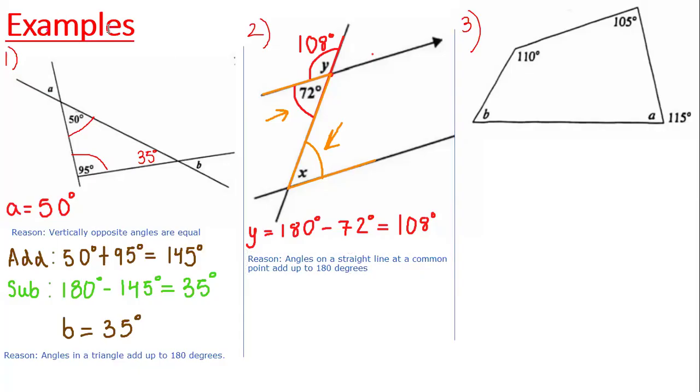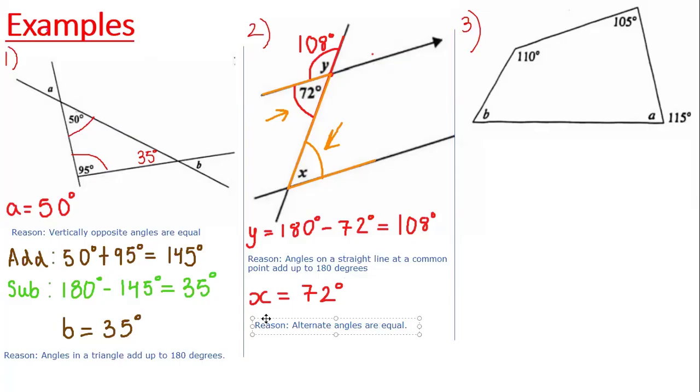And then x is equal to 72 degrees. And the reason is because what? Alternate angles are equal.